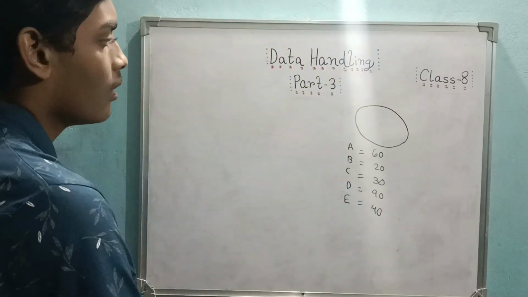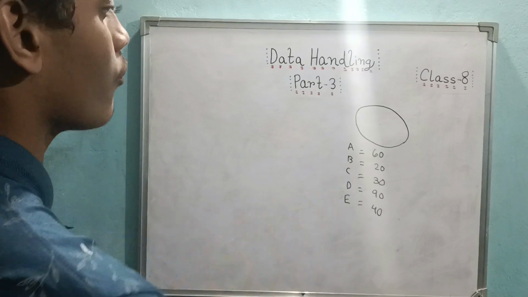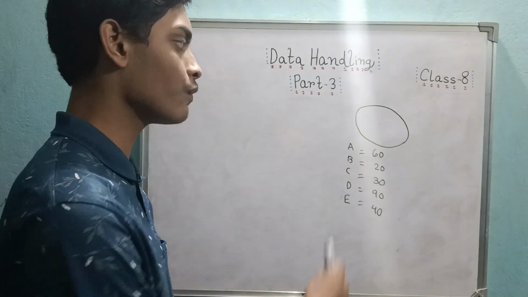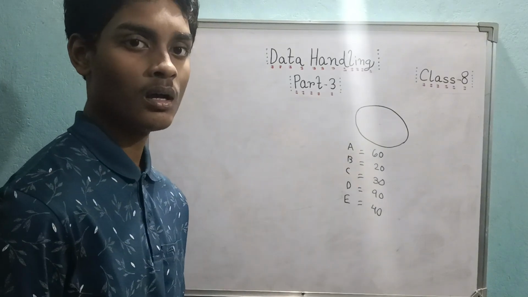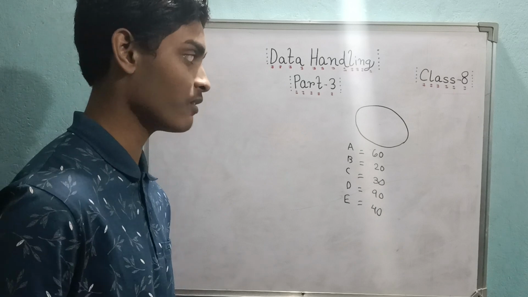Okay. So you have to represent these 5 data values A, B, C, D, E with these frequencies in this circle. What are the steps that need to be followed?